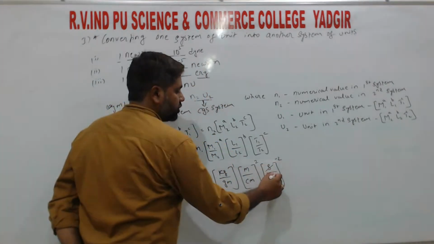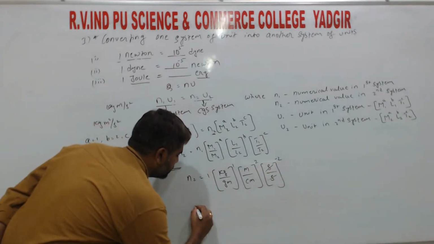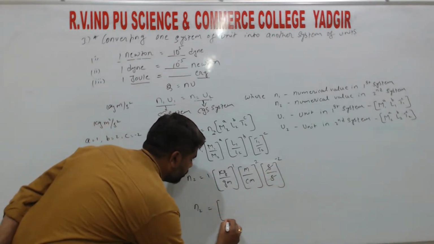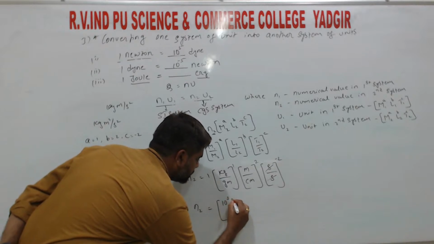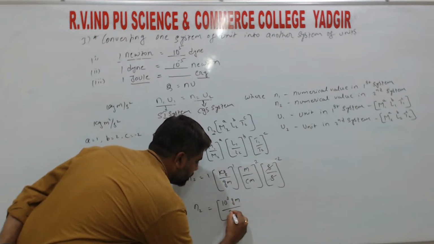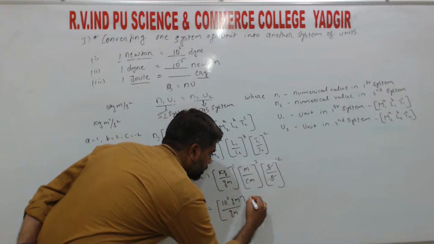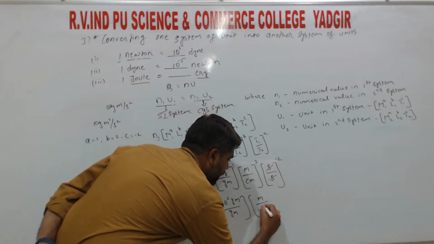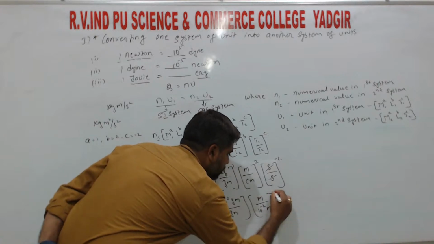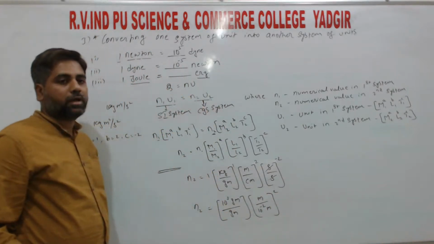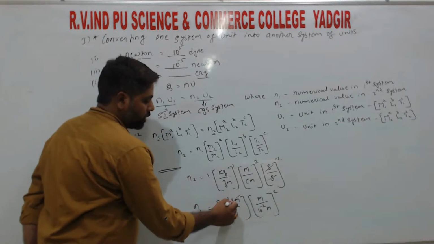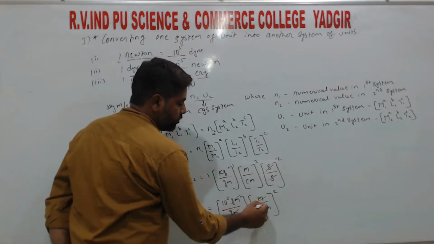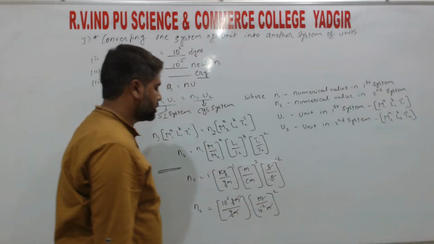So seconds get cancelled. Then 1 kg is 10 to the power of 3 grams divided by gram, right? And meter is 10 to the power of minus 2 meter, whole square, right? So gram gets cancelled, meter gets cancelled, right?